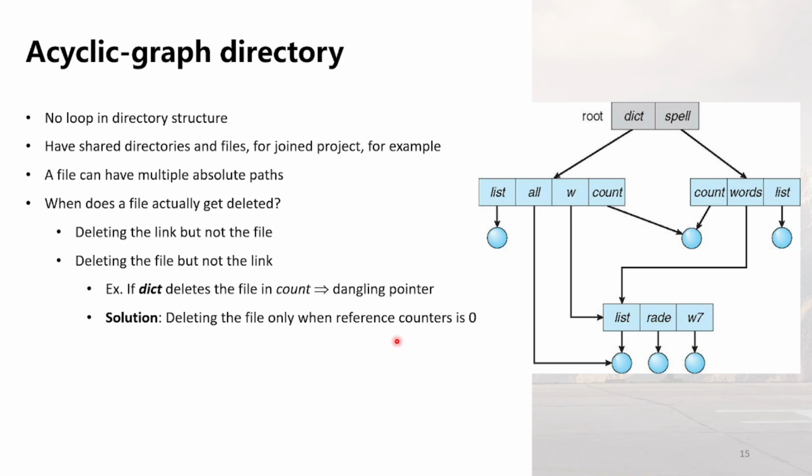A file is only deleted when its reference counter goes down to 0, indicating that no link to the file remains. Understanding how this directory structure manages files and directories is essential for any operating system's file management. It ensures data integrity and prevents common errors such as lost files or memory leaks.